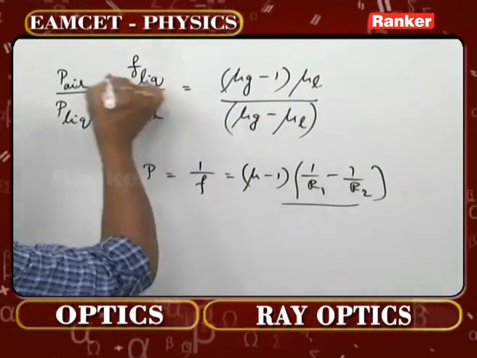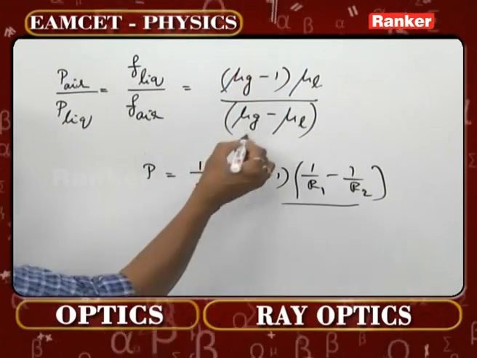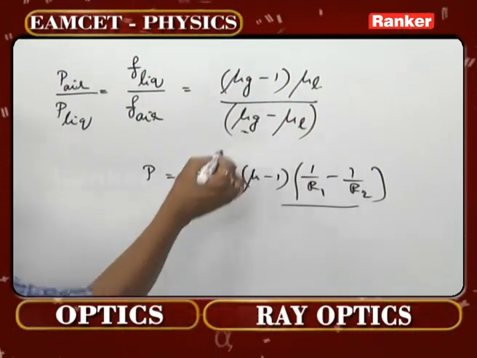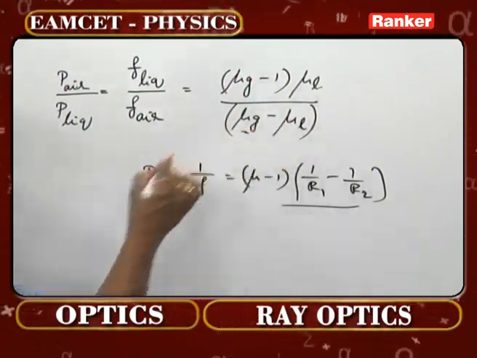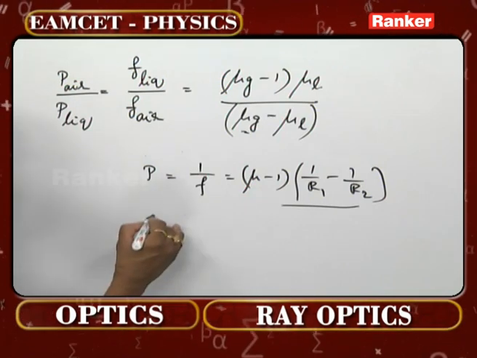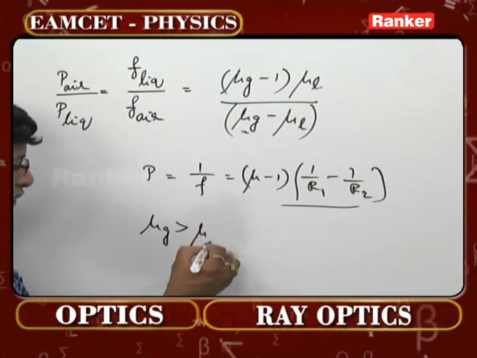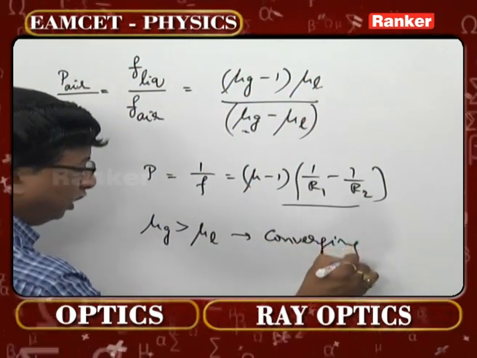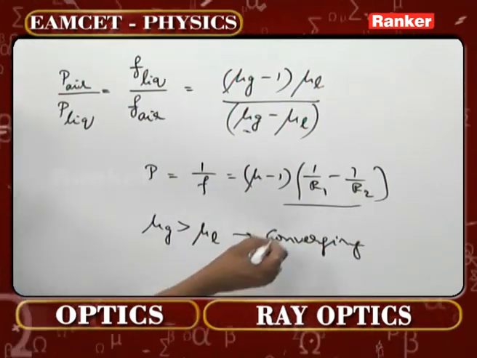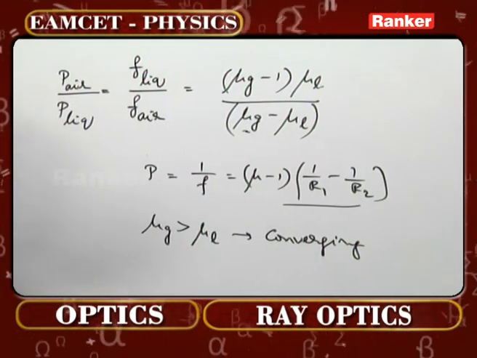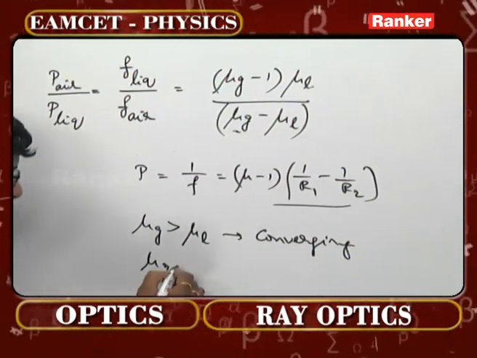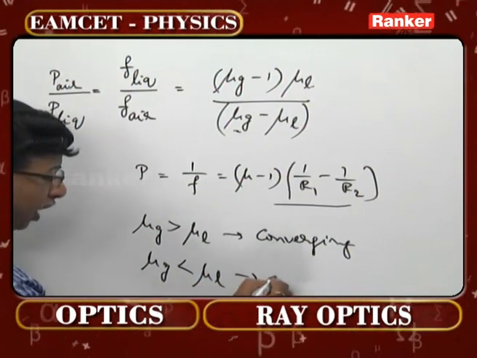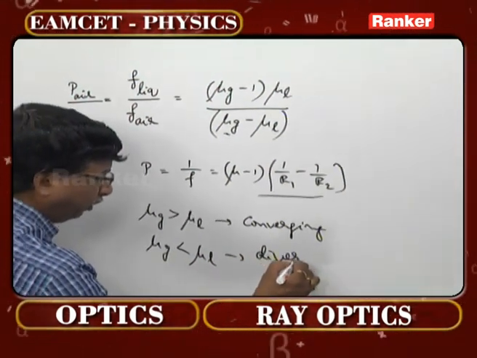Based on this, we can directly take this result and remember carefully as a condition, if at all mu glass is greater than mu liquid, then you can all understand here that the lens behaves like a converging lens. Converging lens inside the liquid means that it is going to behave like a convex lens. If at all mu glass is less than mu liquid, that behaves like a diverging lens.